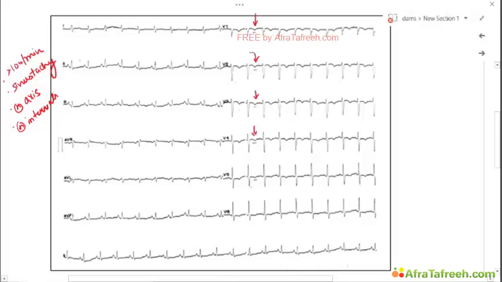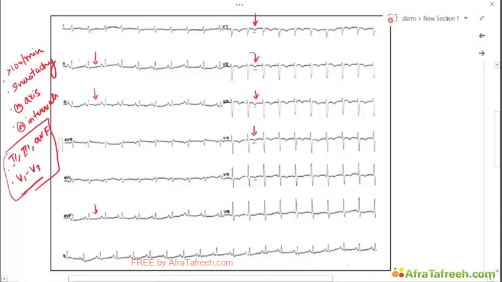There is some T wave inversion in the inferior leads as well. In lead 2, there is flattening. In lead 3, there is T wave inversion, and lead aVF. So 2, 3, aVF are the inferior leads, and V1 to V3 are septal leads. So there is ST depression and T wave inversion in these leads.